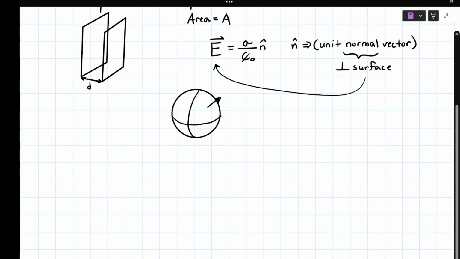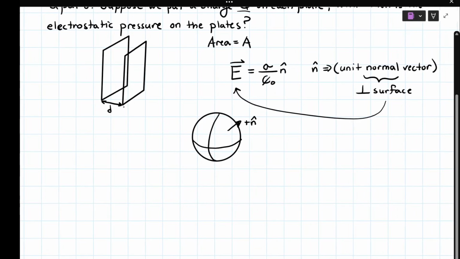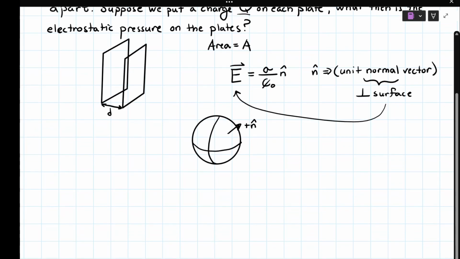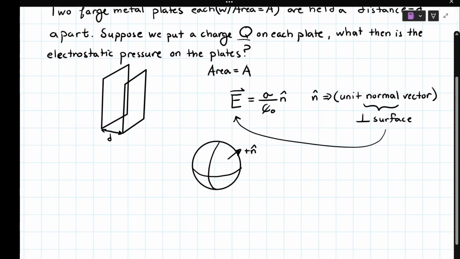But in this case, we have two surfaces that are in relation to each other in space, sure, but they aren't a closed boundary where we can easily define just based on outwards or inwards, right?